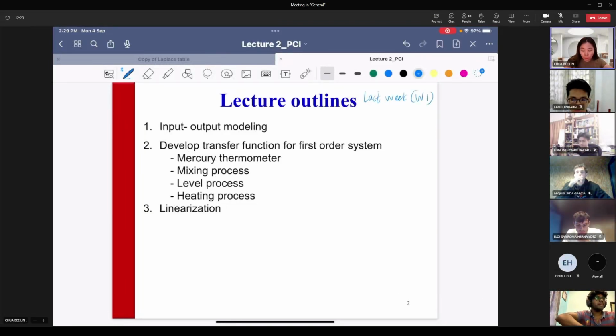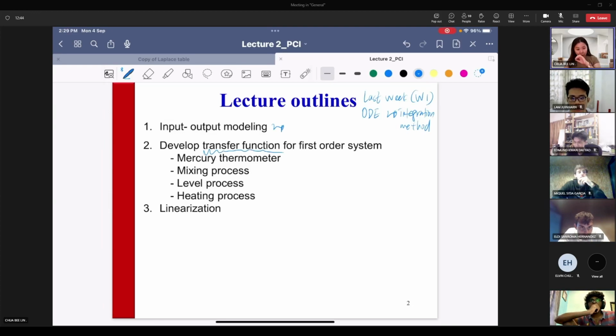We solve using an ODE equation, and then further solve the equation using the integration method. Okay, so week 2, we are going to use another method of modeling, input-output modeling, using the transfer function.